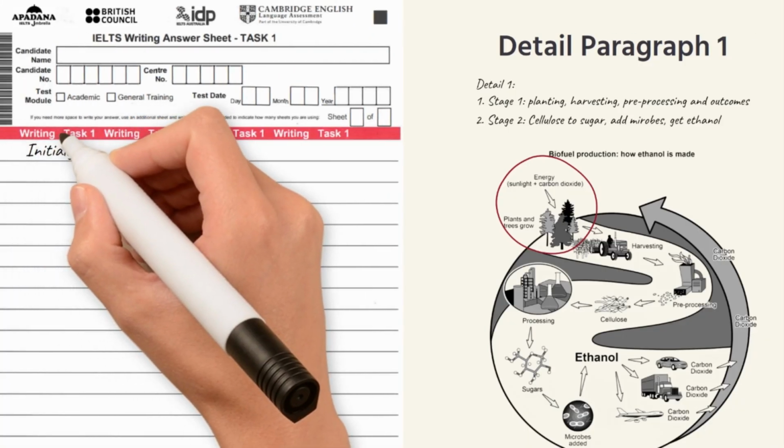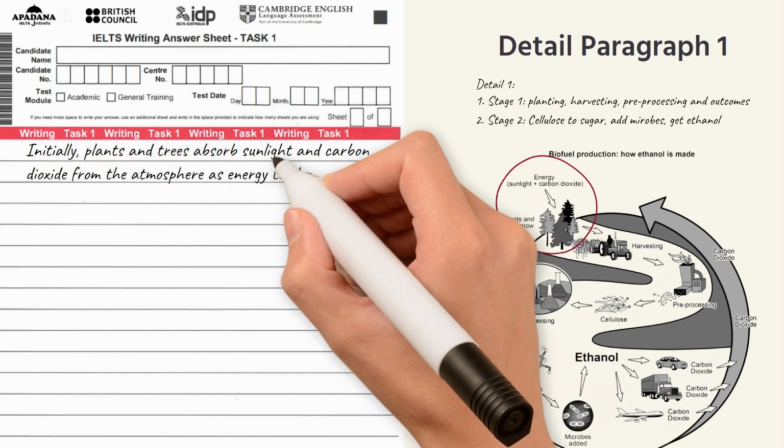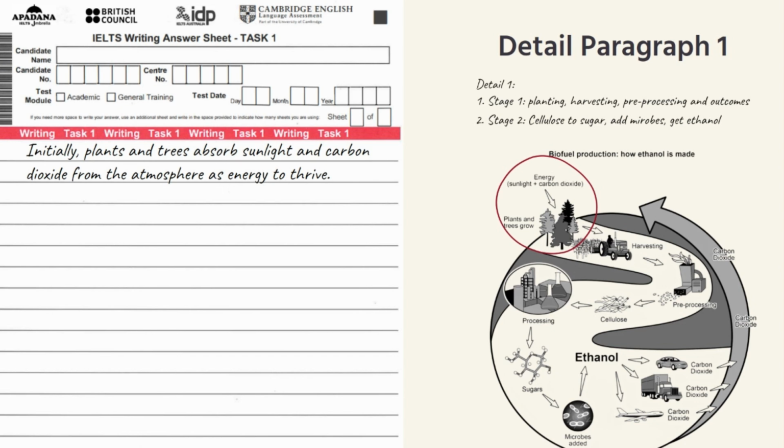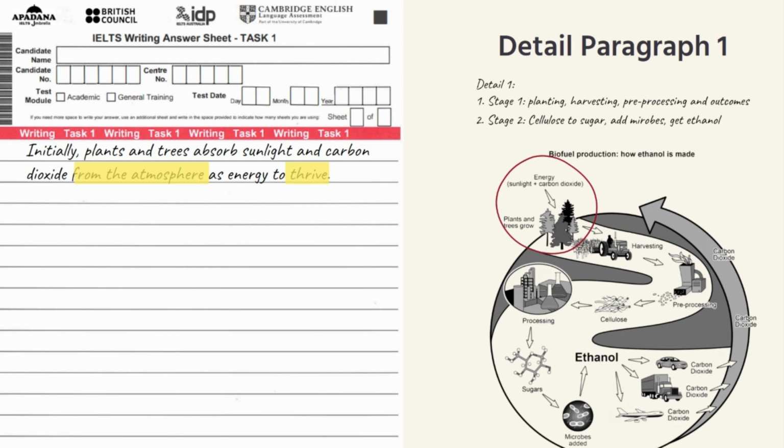Then we can write, initially, plants and trees absorb sunlight and carbon dioxide from the atmosphere as energy to thrive. If you found writing long sentences hard, try my tip. Add the answers is a simple trick to make your sentence longer and more detailed. Initially here helps show that this is the first step, setting the scene.